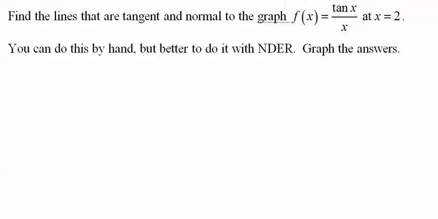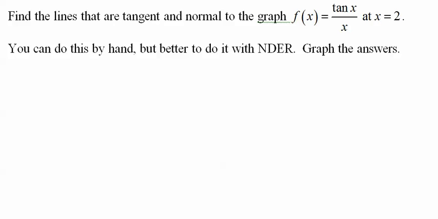So we can do problems like find the lines that are tangent and normal to the graph of tangent x over x at x equals 2. You could do this one by hand. It's a colossal mess, so it's better to do it with nDeriv. When you use nDeriv, you need to check that you're not taking a numerical derivative where you can't.